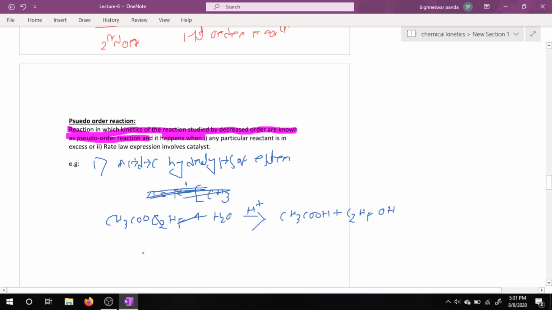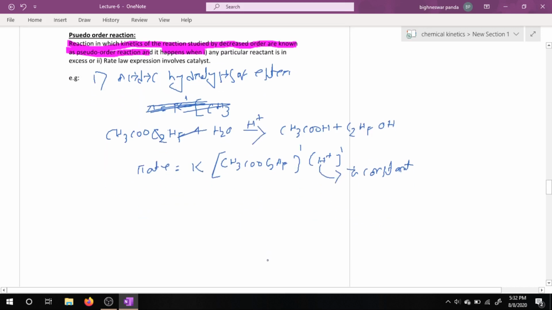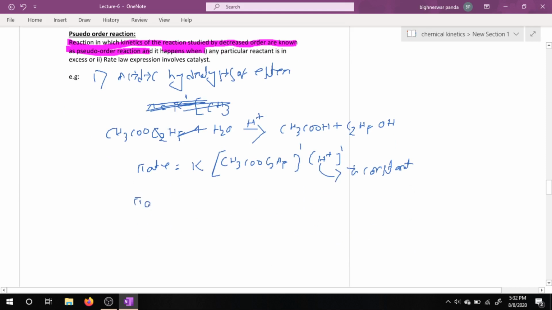It has been found that rate is equal to K into CH3COOC2H5 power 1, H plus power 1. Since H plus concentration is constant, here I can write rate is equal to K dash CH3COOC2H5.